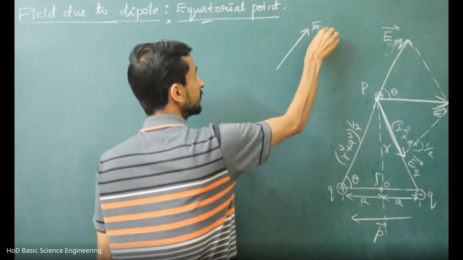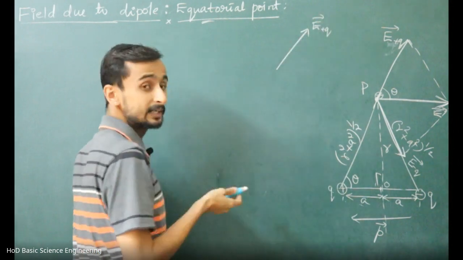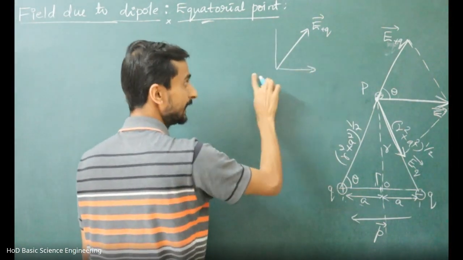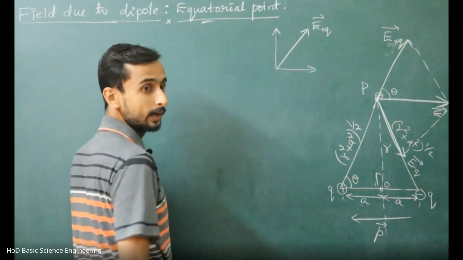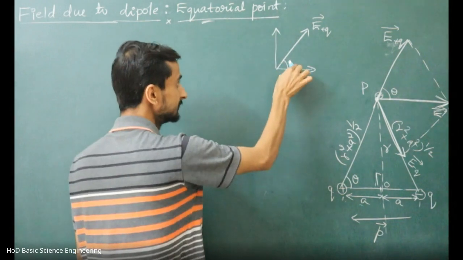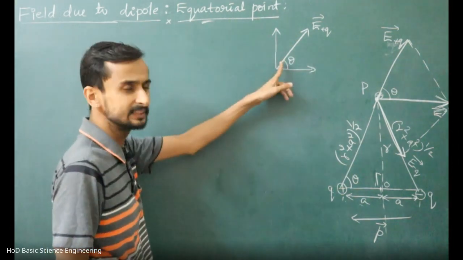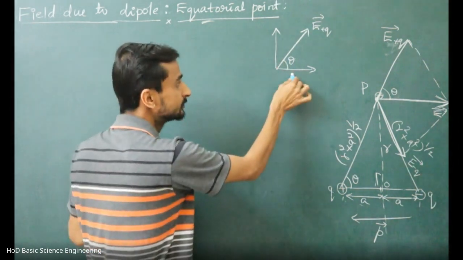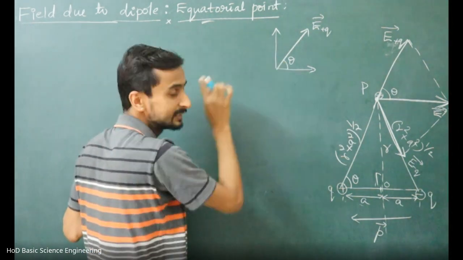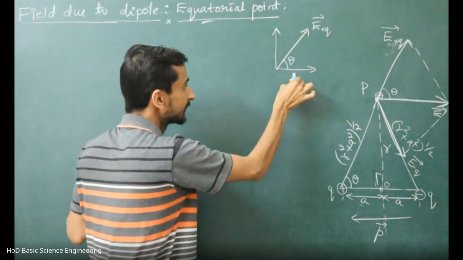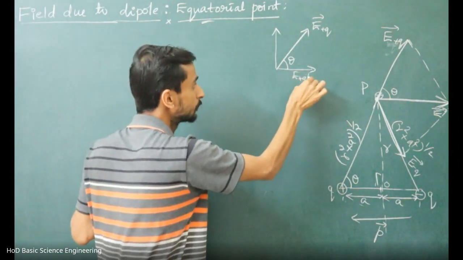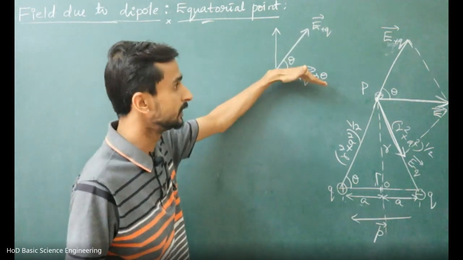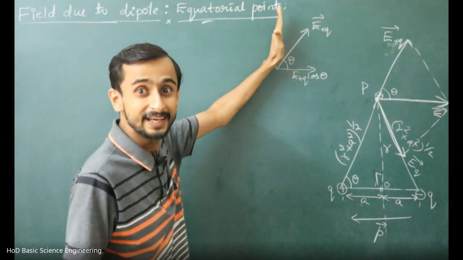So E plus Q, this is a vector. You can resolve this into two components, one along the horizontal direction and one along the vertical direction. If you consider this angle as theta, then this will be the adjacent side for this theta, right? Therefore, we can write this as E plus Q cos theta. If you have this vector as A, this will be A cos theta and this will be A sin theta.